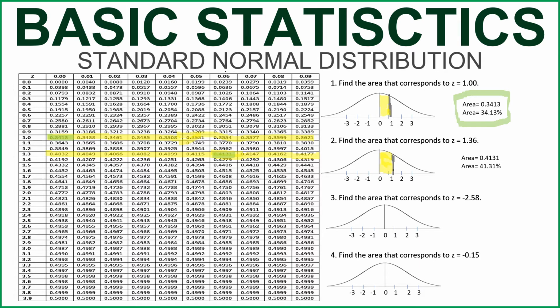Ayun. This is negative 2.58. From the mean to the z value. So, i-shade natin siya. Madali lang, di ba? Kapag negative siya, sa left side, kapag positive siya, sa right side. So, since negative siya, sa left side tayo.